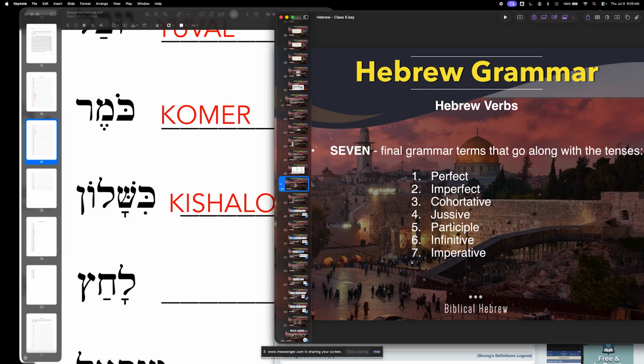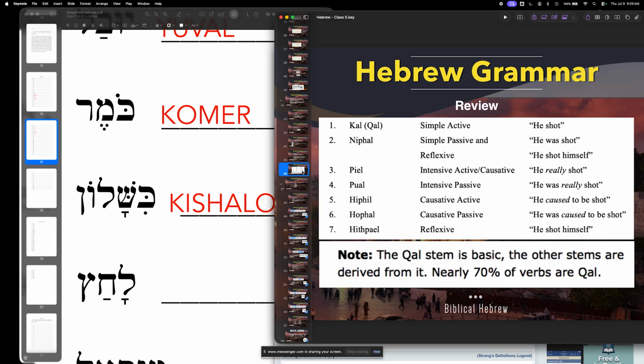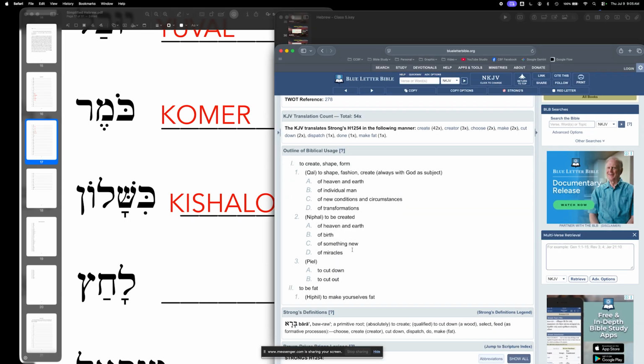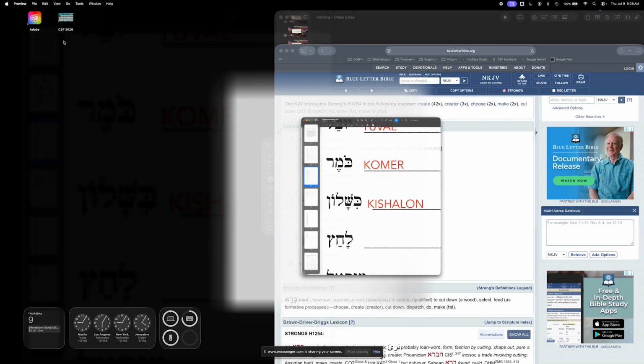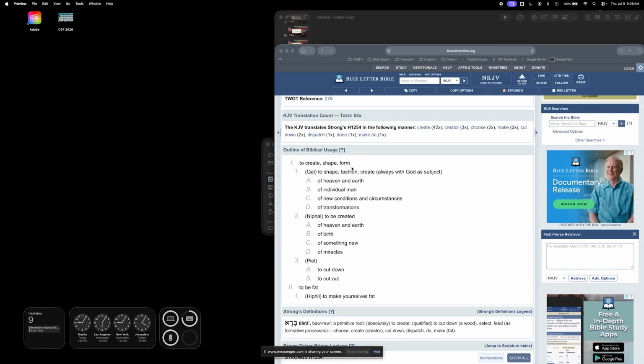Quick question, Pastor Dave. Go. So, like the example you gave, because it gives you the kal, the nifal, the different stems, but you said to know which one it is when you interpret. Like if the stem is in the parsing, it shows that it's kal.